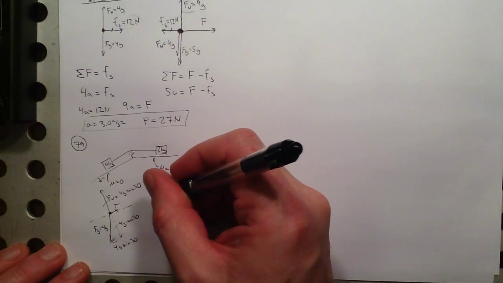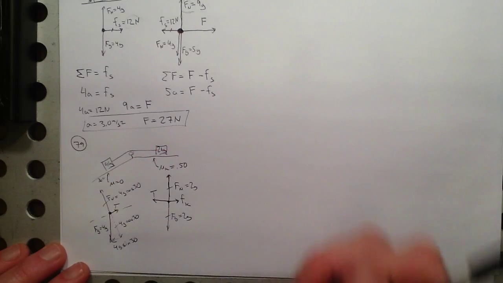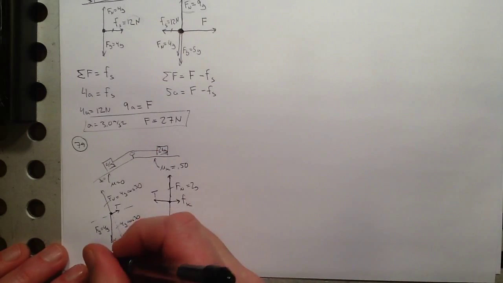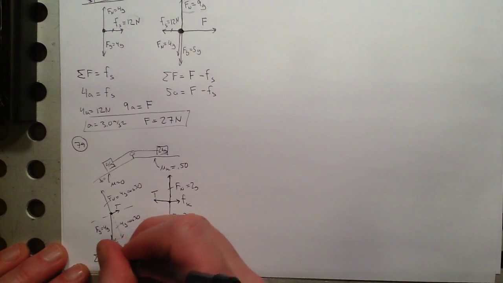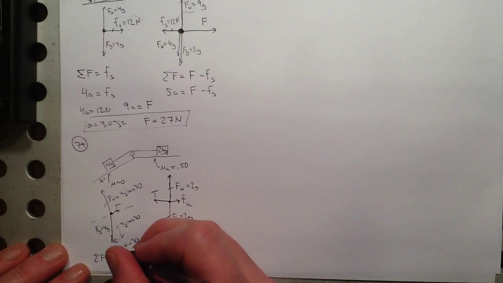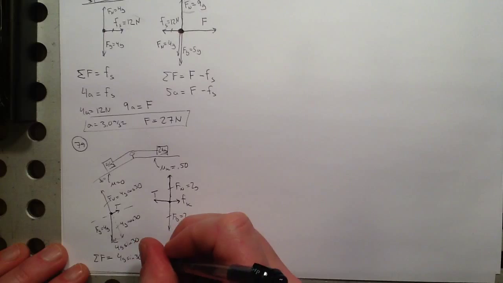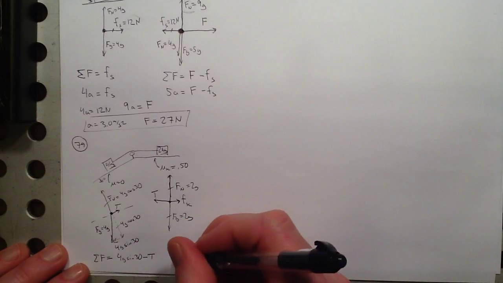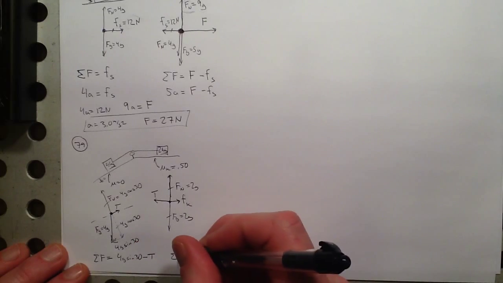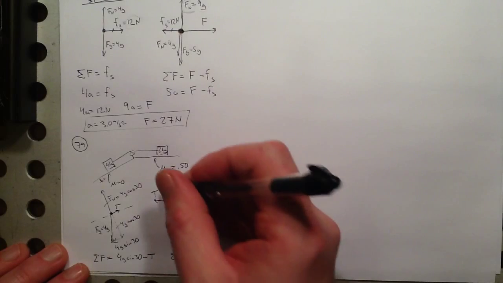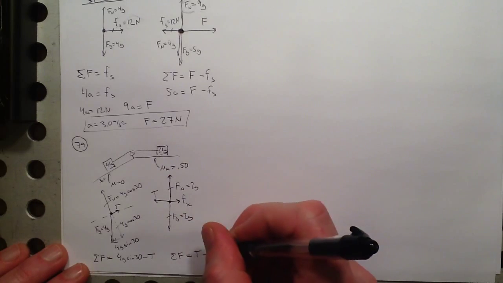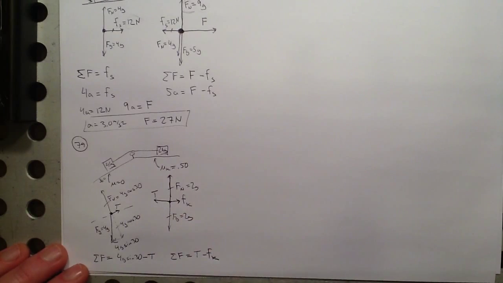And I have a tension force that's winning because the blocks are going to go that way. All right, sum of all forces on this block would be 4g sine 30, winning, minus tension, losing. This block, sum of all forces, tension winning, and kinetic friction losing.